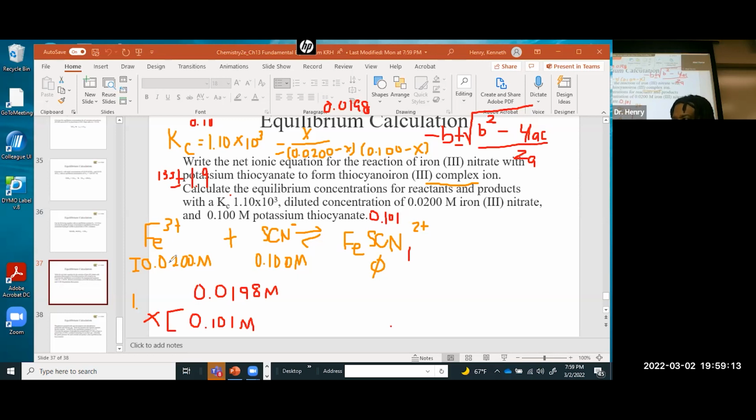You remember limiting reagents? This one would be limiting, this one would be in excess, and as a result it couldn't be more than our limiting reagent. Does that make sense? So you can't get more than what you started off with.